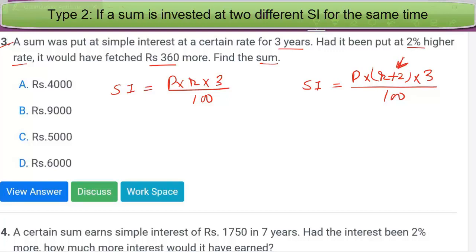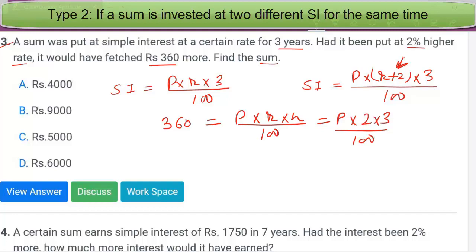So you can directly write, instead of subtracting this, that this rupees 360 is equal to, if P is the principal, multiplied by rate of interest and multiplied by N by 100, but in that case it will be P multiplied by 2 multiplied by 3 by 100, because we are just taking the rate of interest which is the difference.